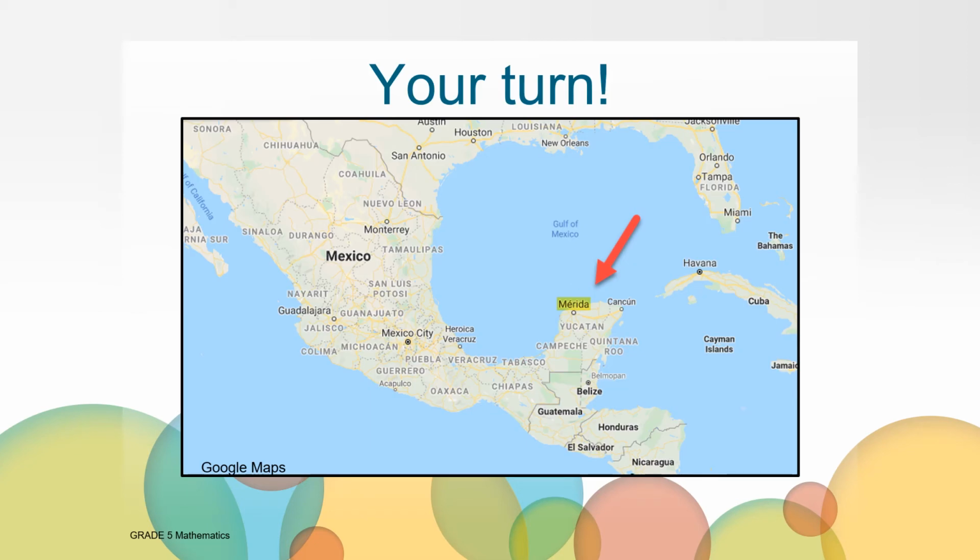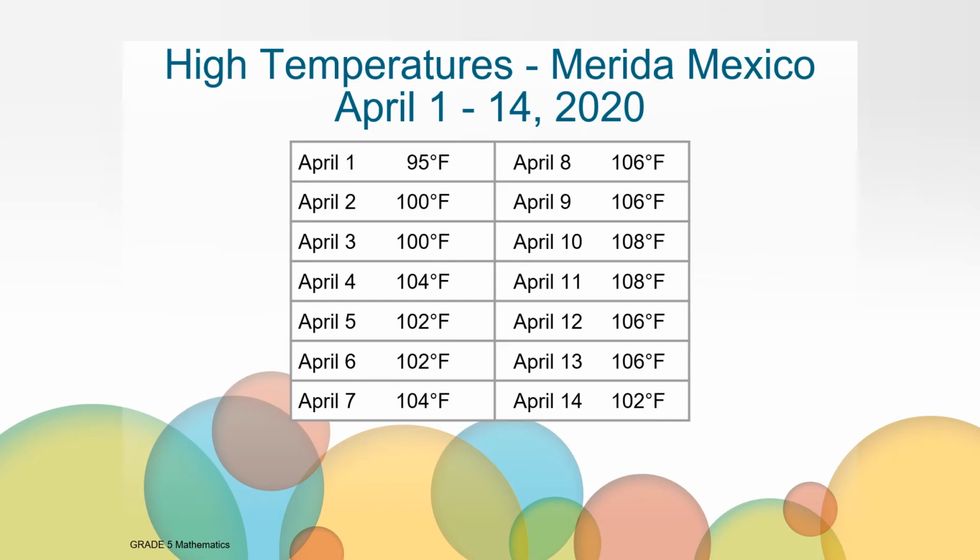Now it's your turn to create a stem and leaf plot. Let's take a look at the high temperatures from April 1st through April 14th, 2020 in Mérida, Mexico. What are you noticing about the data?